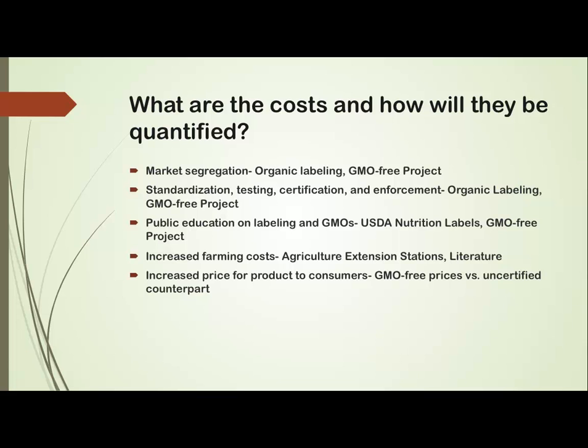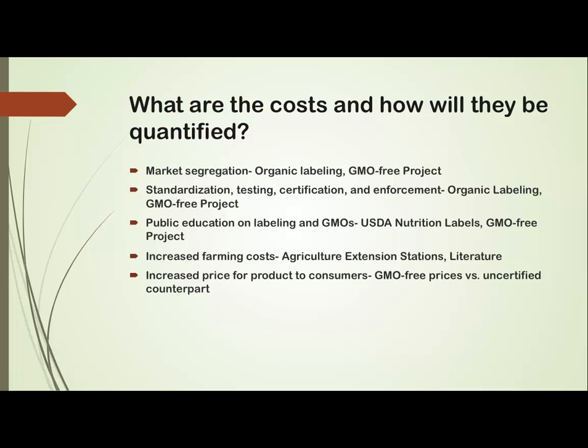And as I will explain in the next few slides, the benefits of GMO labeling will be valued through willingness to pay auctions. In these auctions, participants will bid on GMO and non-GMO potatoes, corn, tortilla chips, and beef.